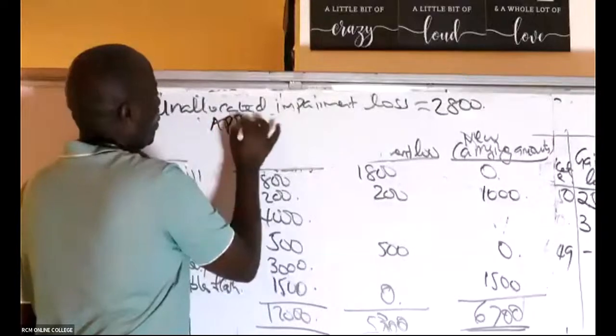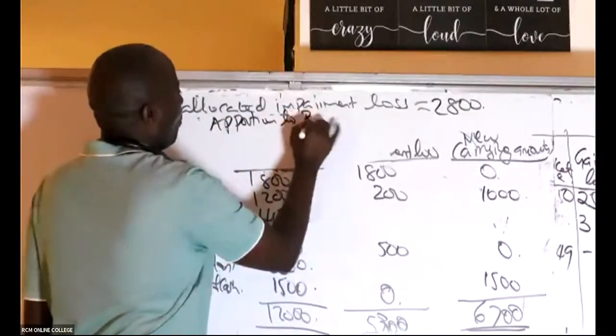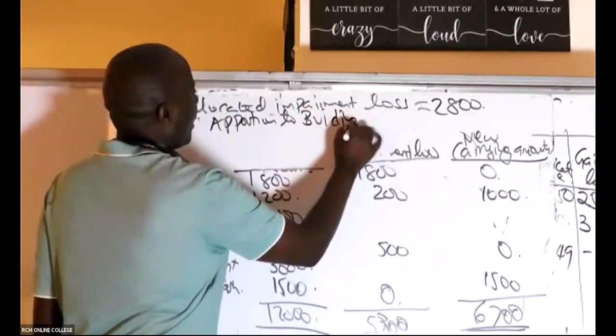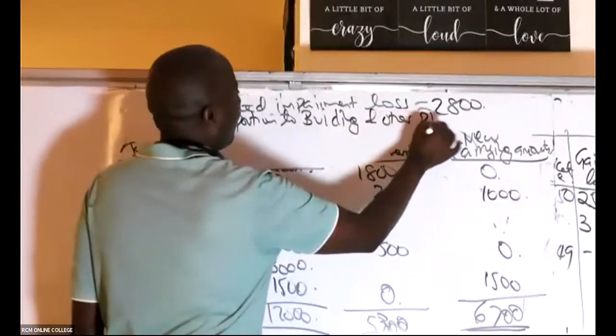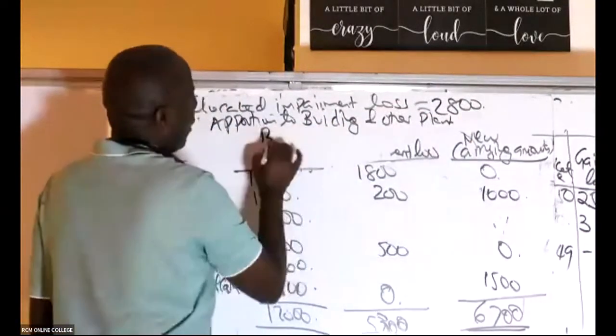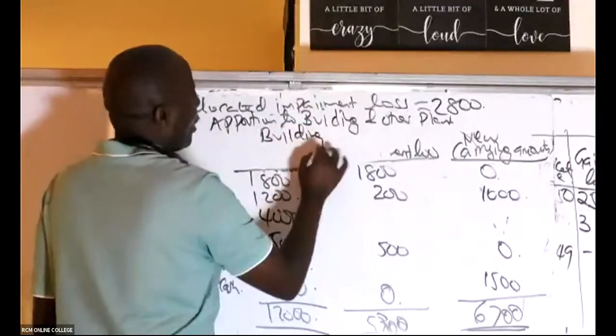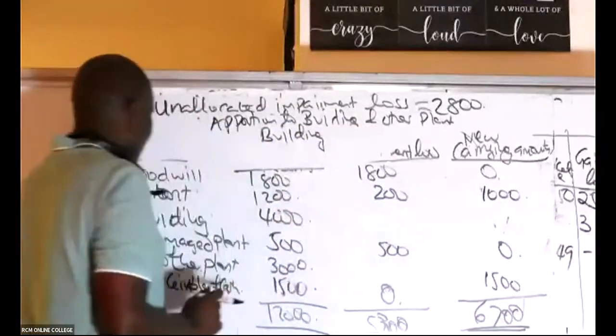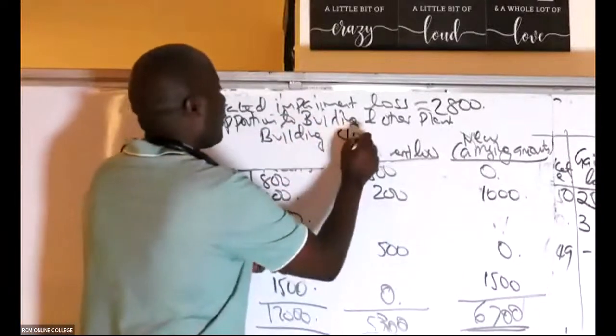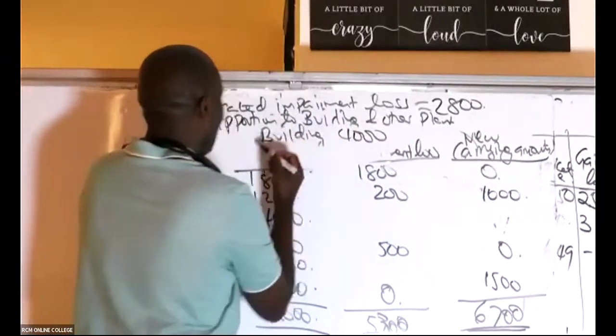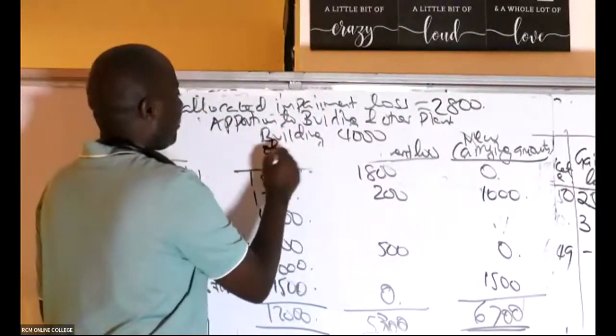Use the word apportion. Apportion to buildings and the other plant. So building, how much? Are you aware of the carrying value of building? You use carrying values. So the carrying value of building is 4,000, and the carrying value of other plant.